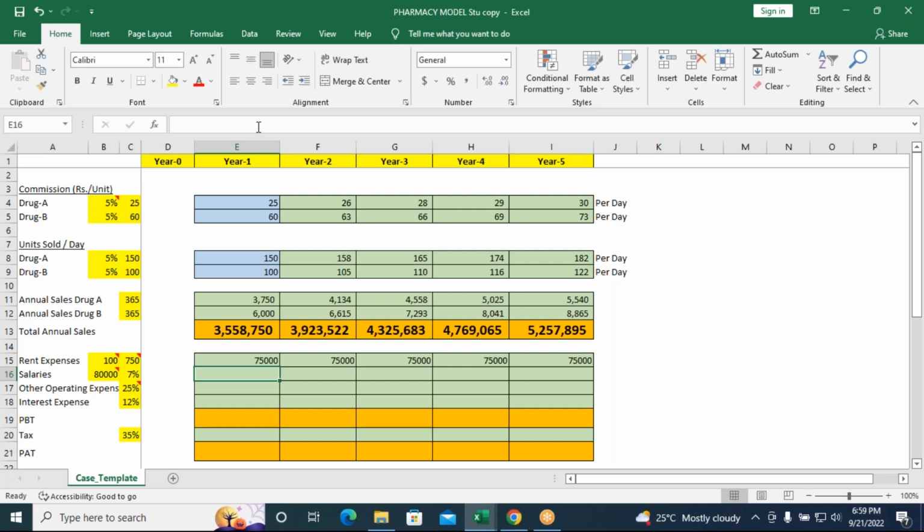So it is 75,000 per month, isn't it? But am I calculating the value for a month or for a year? I'm calculating it for 1 year. So this is 1 month's rent, and I need to calculate it for the overall 12 months, so I will multiply this with 12. So I'm getting it as 90 lakh. Understood?